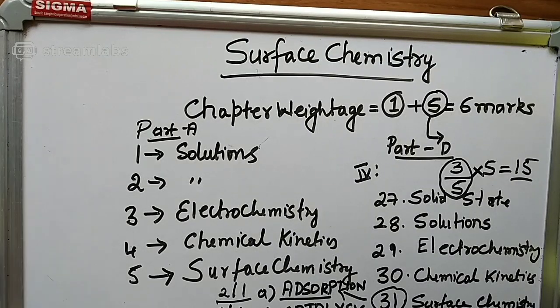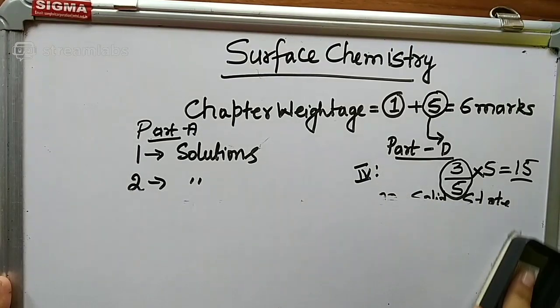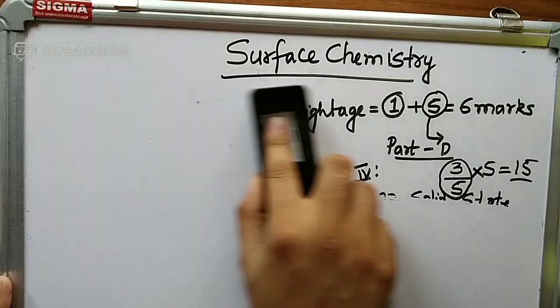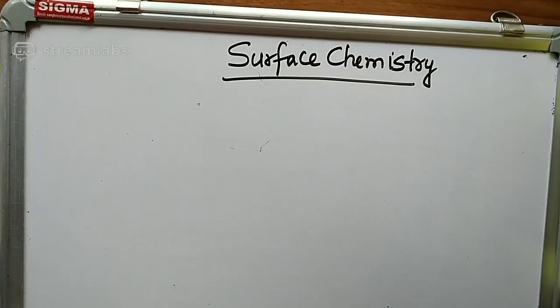Now let us go for the beginning of the chapter. So let us start from the first part of this chapter, that is adsorption. Let us study something about the concept of adsorption. So we shall study something about surface chemistry. As I told you, it is divided into how many parts, students?